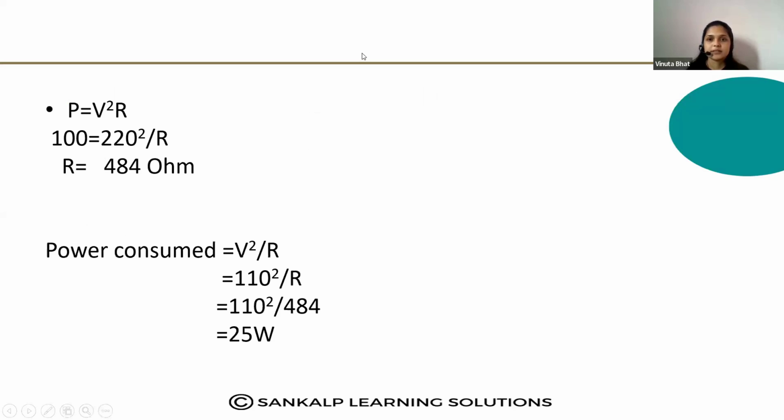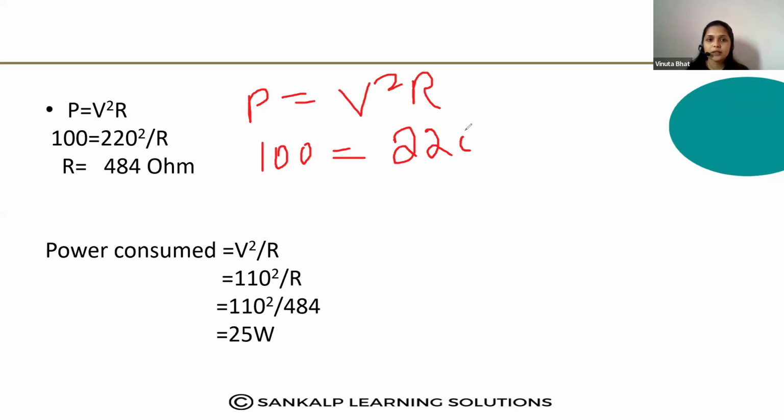So let us do this sum. We have to use the power formula P is equal to V square by R. We know the value of P, that is 100. V is already given, that is 220 volt, so 100 is equal to 220 square divided by R.